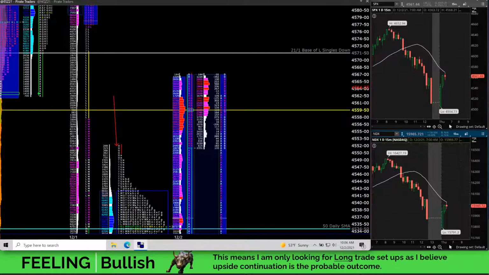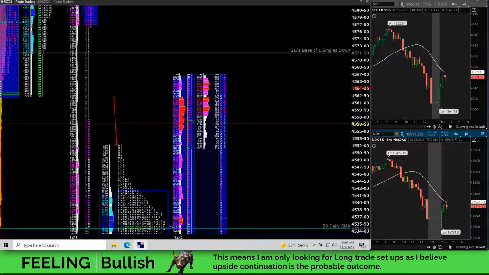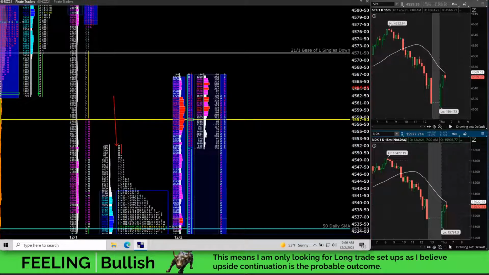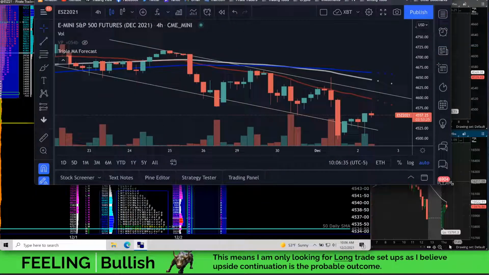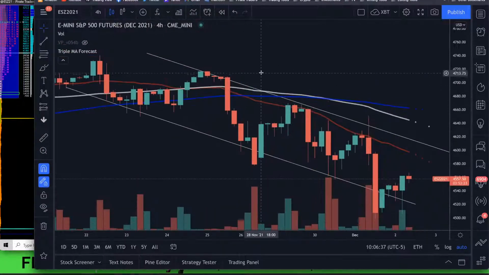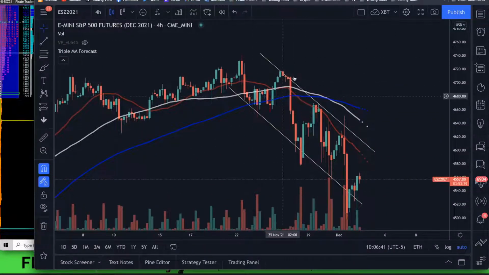A larger target would be that channel that Donkey was talking about yesterday. So we've started kind of a downtrending channel.